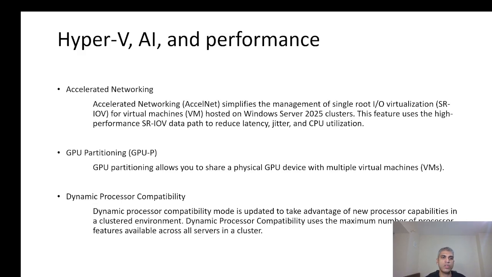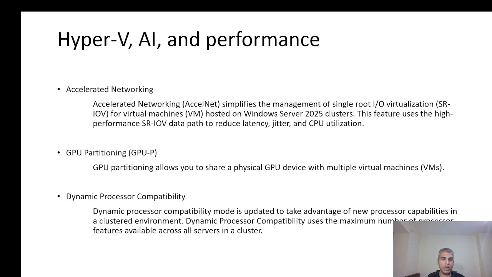Next are changes in Hyper-V, AI and performance. Accelerated networking simplifies the management of single root input-output virtualization for virtual machines hosted on Windows Server 2025 clusters. Next is GPU partitioning.